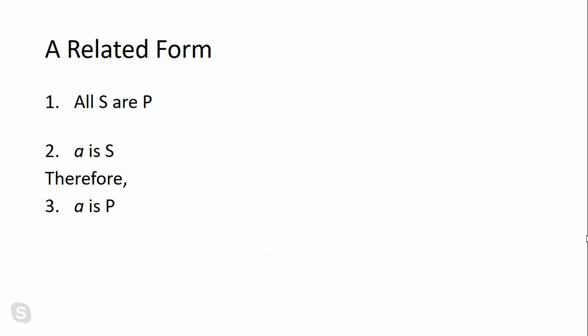Now, there's a related form of argument that's not strictly a modus ponens, although working it through in symbolic logic would involve our stripping it down and then using the modus ponens form of inference. But you may see arguments of this form. All S are P. Everything that is an S is a P. A, some particular thing, is S. Therefore, A is P. So again, if we're expanding this in natural language, I'll just put this out parallel to it.